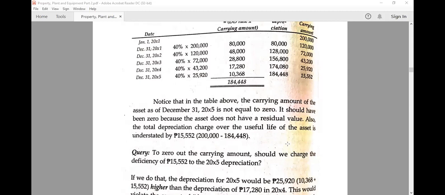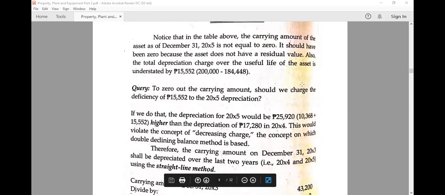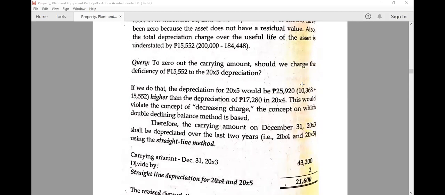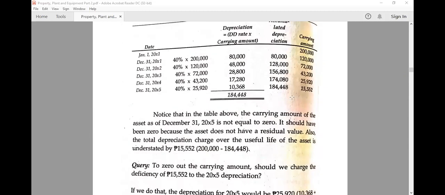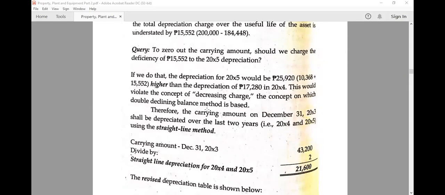Here, it so happened that there is still a balance even after a series of multiplications. So in that case, if we do that, the depreciation for 20x5 would be 25,920. We want this to be really equal to 0. So meaning we adjust our depreciation expense. That's one thing. However, this would violate the concept of decreasing charge, the concept on which double declining balance method is based.